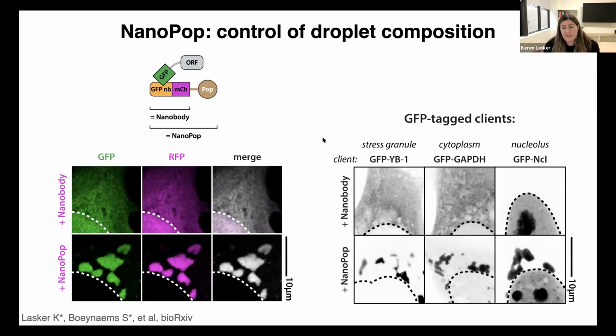We can actually recruit stress granule proteins inside POP-Z. And also very cool is that we can deplete the nucleus of proteins by asking a protein that's supposed to be in the nucleus to bind to POP-Z. POP-Z would be outside of the nucleus, but then we can actually push protein away from the nucleus, depleting it of this protein.